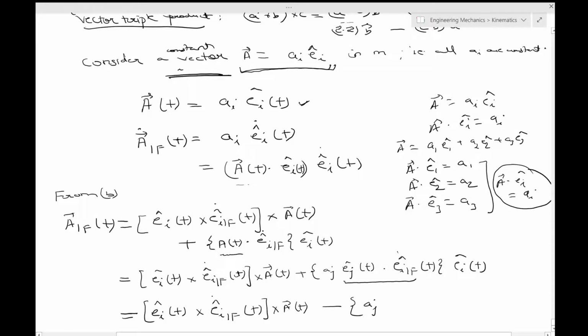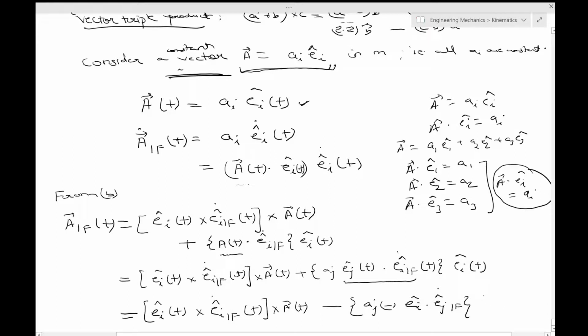Okay, e_j dot e_i dot is actually equal to minus of e_i at e_j dot with respect to f.